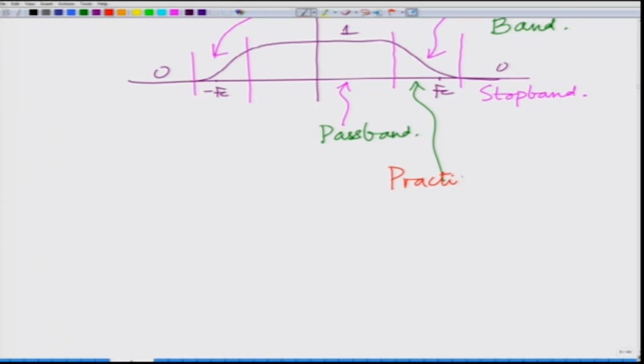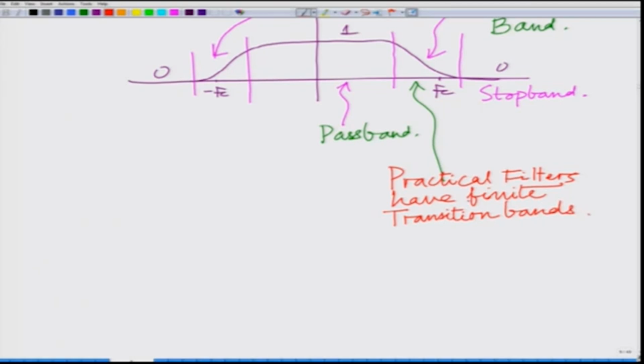So practical filters have finite transition bands, and therefore, for instance, for the generation of an LSB signal, again let us start with your DSB-SC signal.